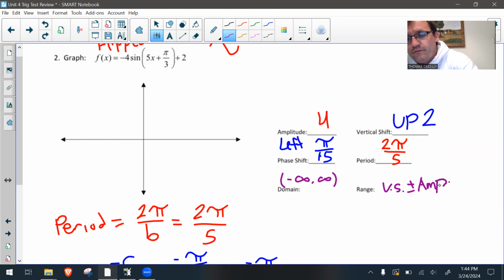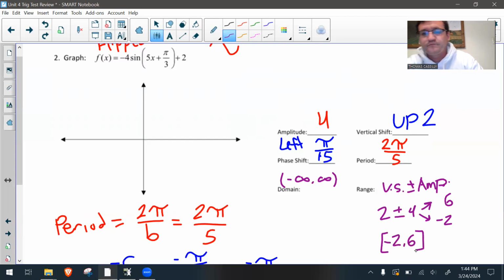All right, so that gives us 2 plus or minus 4. All right, so that gives us 6 on the high end and -2 on the low end here. So the range goes from -2 to 6.